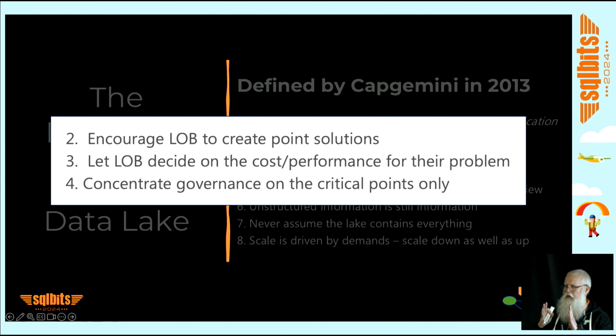Domains building data in their domain for users. Let the line of business decide on the cost performance of the problem, distribution of products, and concentrate governance on critical points only. It corresponds quite well with this distributed common data platform, doesn't it?